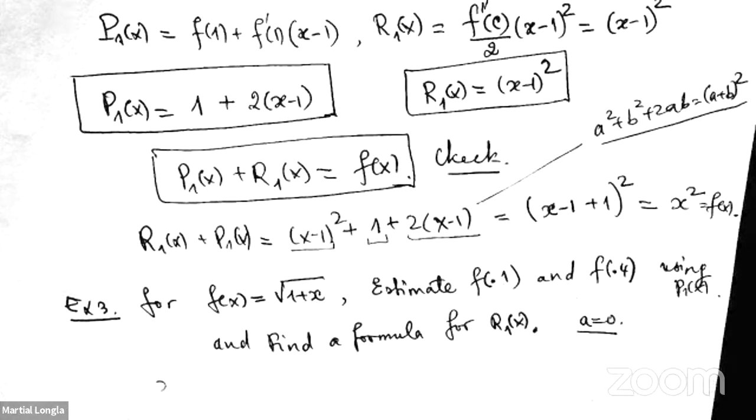No, just write the formula with C. Often what we do is, after writing the formula, find an upper bound on it. But I'm not asking you to do that here.